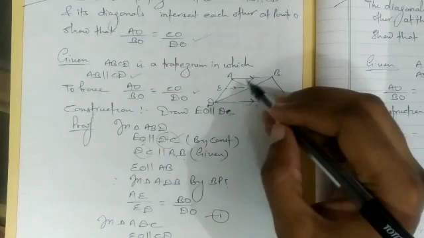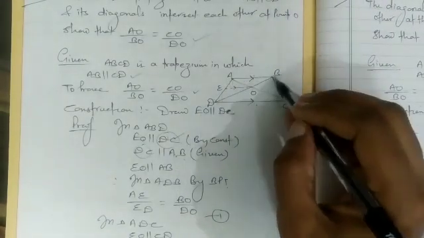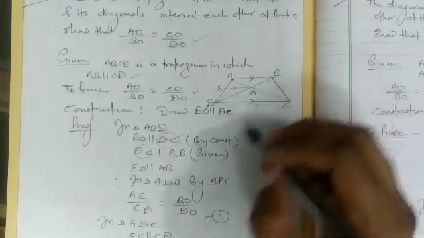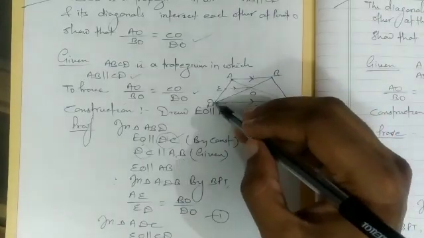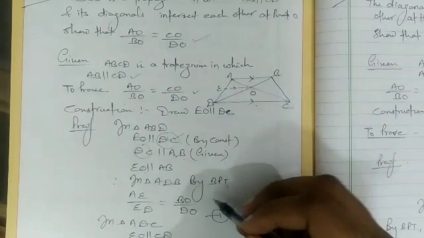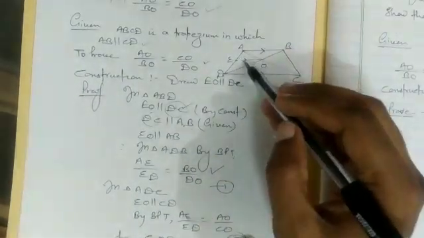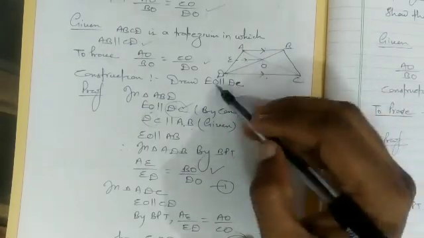Now if EO is parallel to AB, then in triangle ABD, by BPT theorem, AE upon ED equals BO upon OD. Since we have proved the lines parallel, AE upon ED equals BO upon OD.